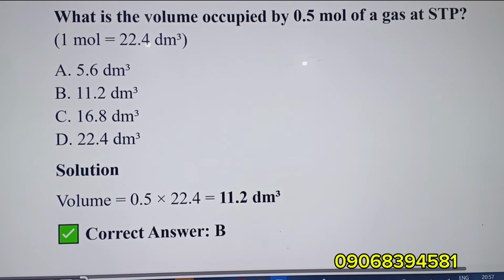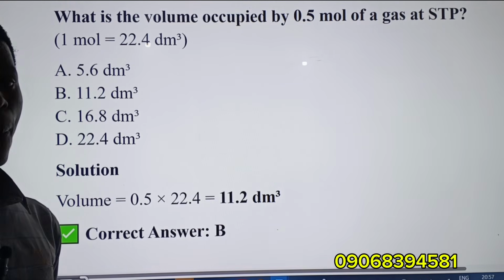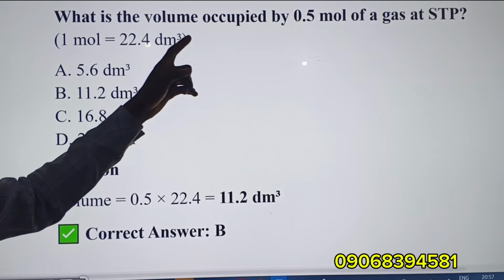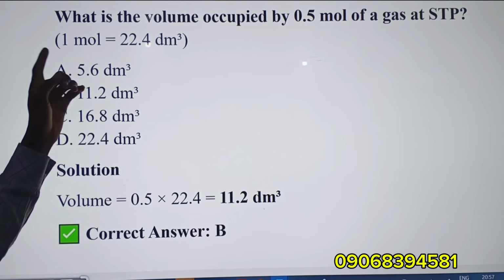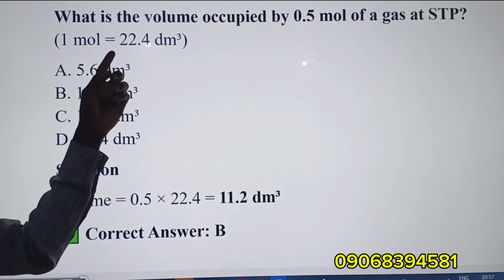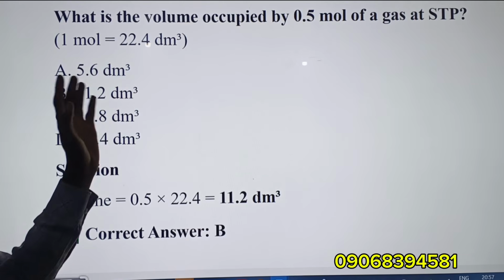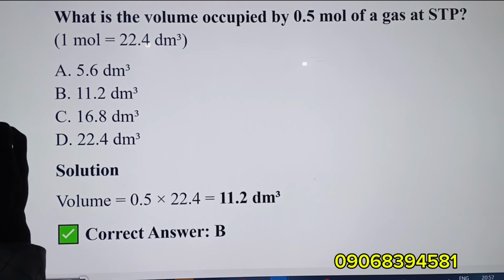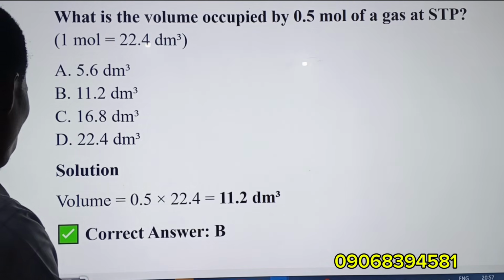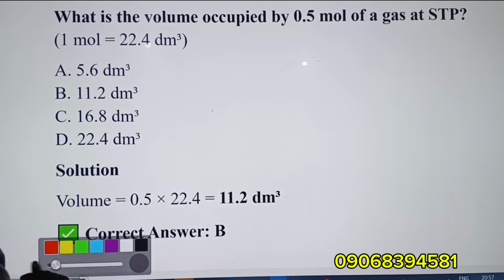Remember, I selected only calculation questions. The question says, what is the volume occupied by 0.5 mole of a gas at STP? You are given that 1 mole of a gas occupies 22.4 dm cube. This question is actually very, very simple. Please always write the parameters given down as quickly as possible.